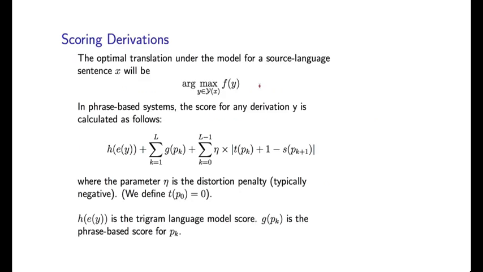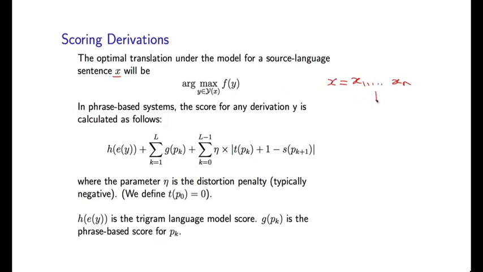Okay, so we're almost there with the definition of the decoding problem for phrase-based models. The final definition is the following. For a given sentence x, where x is some sequence of words x1 through xn, this is going to be some German sentence in our particular examples.